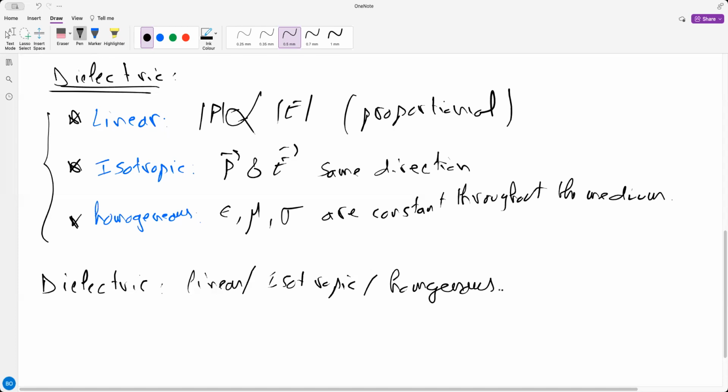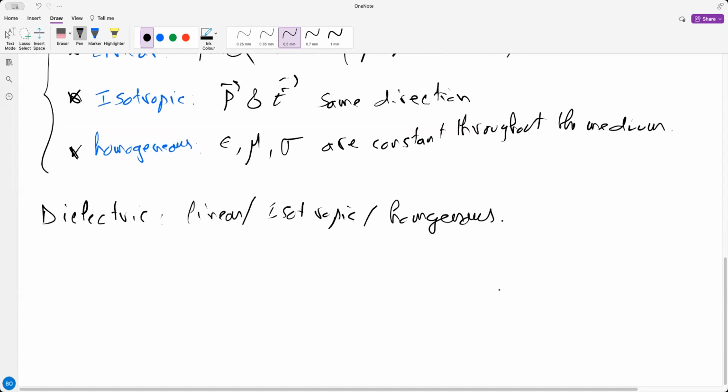Okay. So in this case, the polarization field can be written as the free space permittivity times a constant times the electric field. This constant is called electric susceptibility.